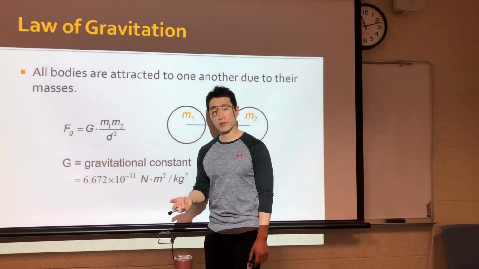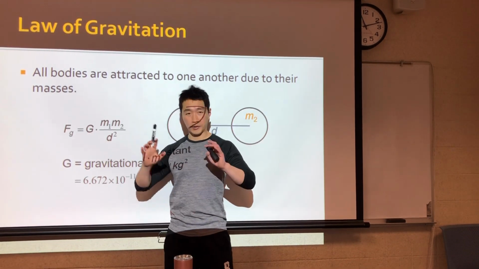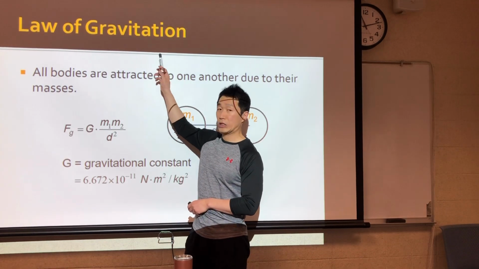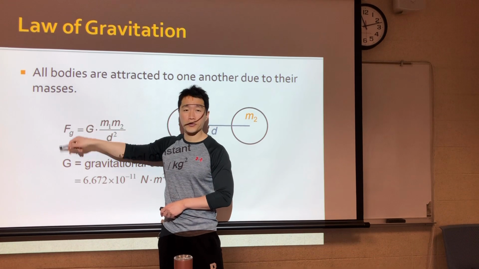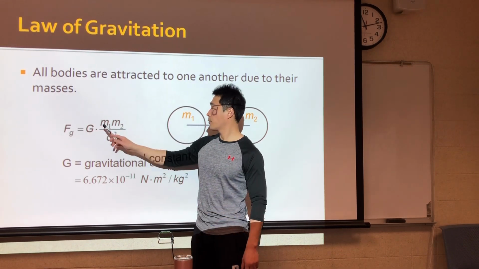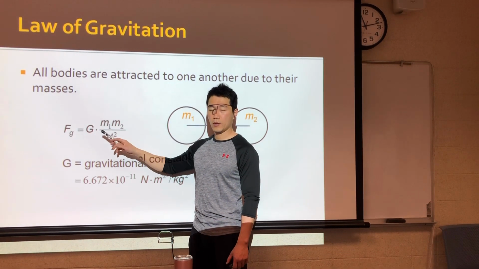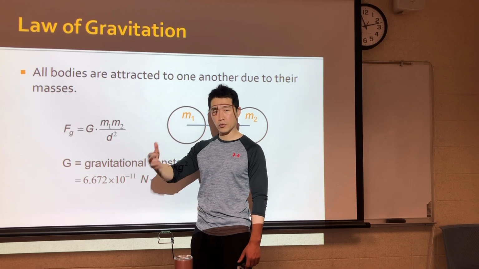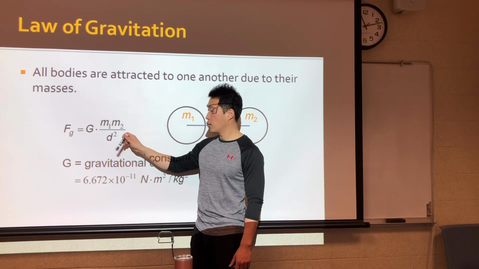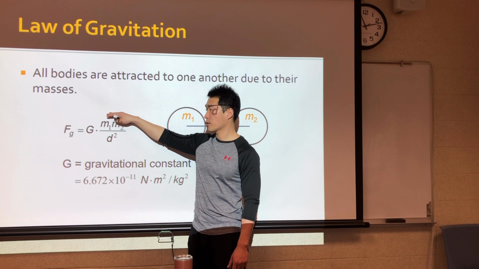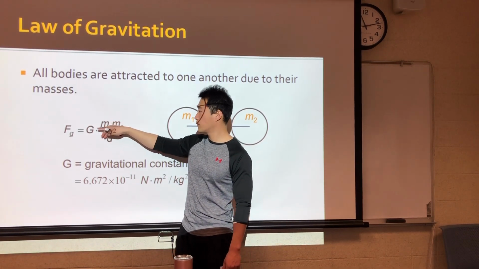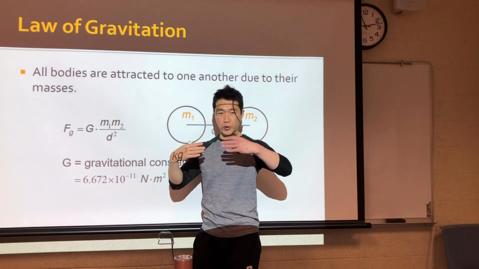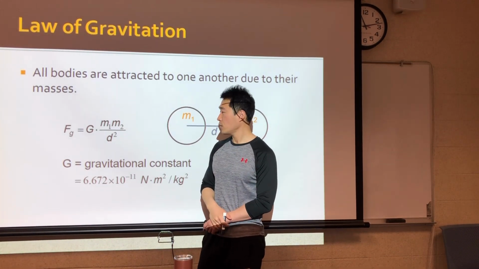When you calculate the attracting force between two objects based on the law of gravitation, this attracting force is proportional to their body mass. Being proportional to body mass means as body mass increases, this force increases, whereas as body mass decreases, this force decreases. How about this?